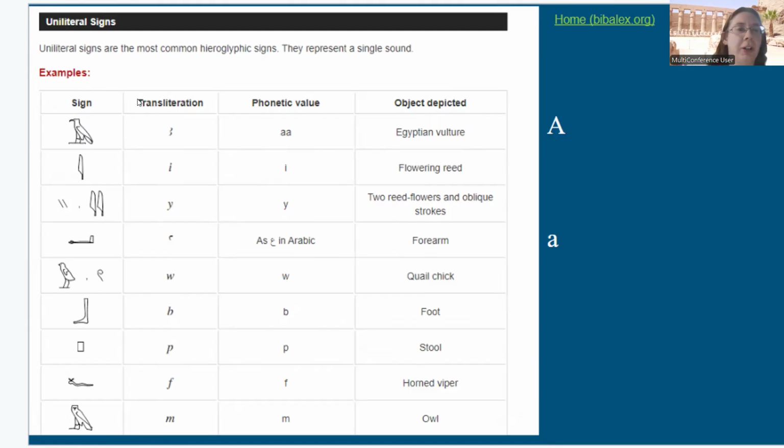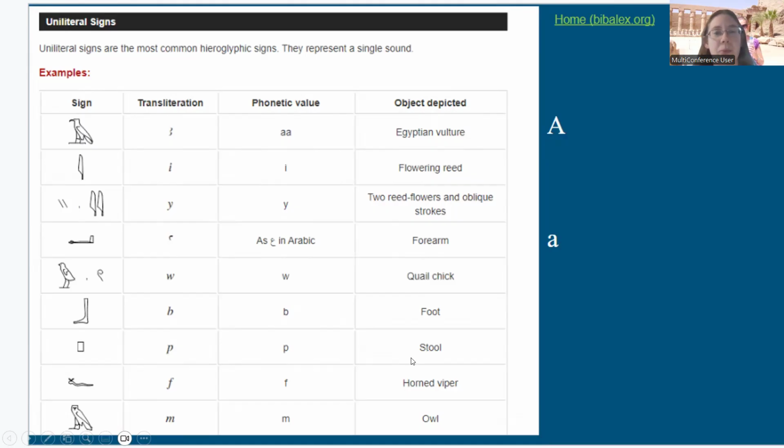But that's why for this first sign, the vulture, you have the transliteration be that weird, at least to us, what looks like a backward number 3. And then the phonetic value being 2 A's, because the phonetic value is how we think that sign was actually pronounced. And then down here, these are what Egyptologists think each of these things are actually representing.